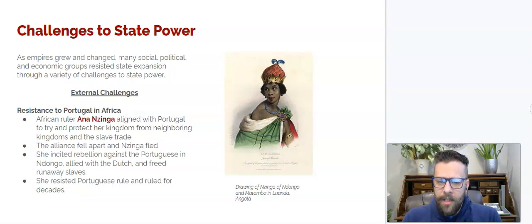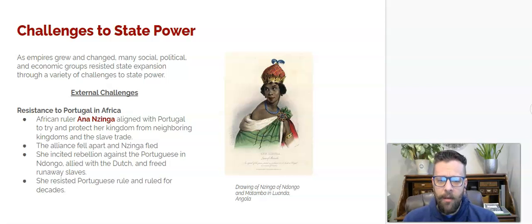So one example of successful challenges to European imperial expansion and resistance to Portuguese rule in Africa comes from African ruler Ana Nzinga. Her kingdom had seen itself under attack by Portugal in terms of slave raids. She was facing attacks from neighboring tribes and losing land.